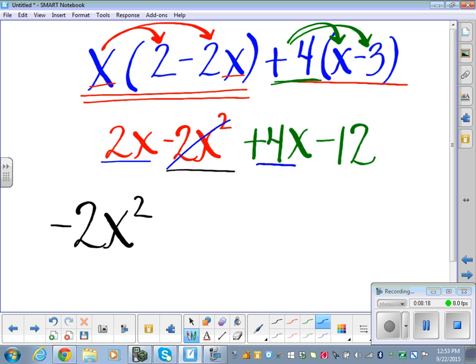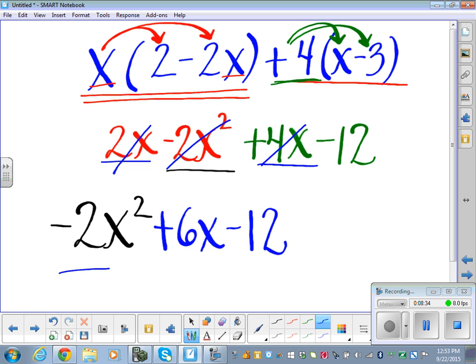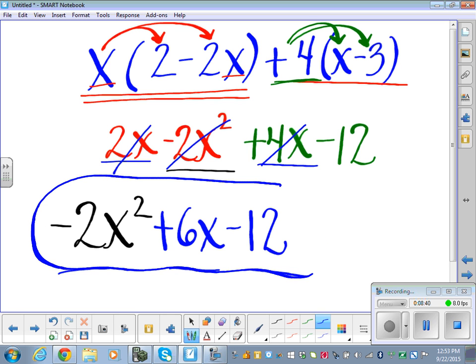So we have 2x's plus 4x's, which is 6x's. So plus 6x's. And we just took care of those, so I'm going to cross them out. And then all we have left is our -12. So we're just going to put that on there. Now notice it's in standard form, the highest degree, the next highest degree, and the lowest degree. So we're finished here.